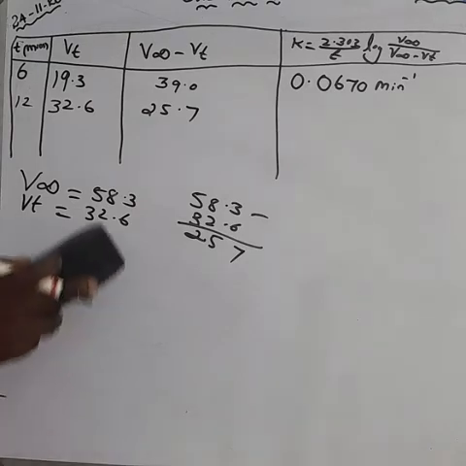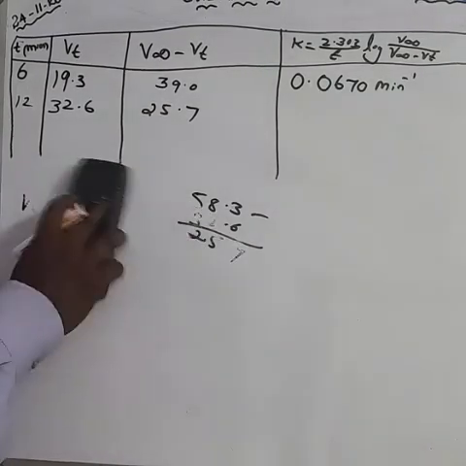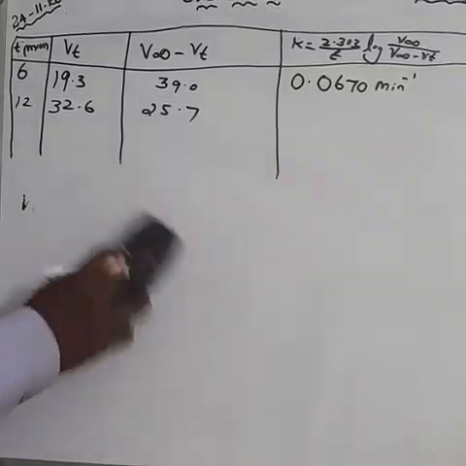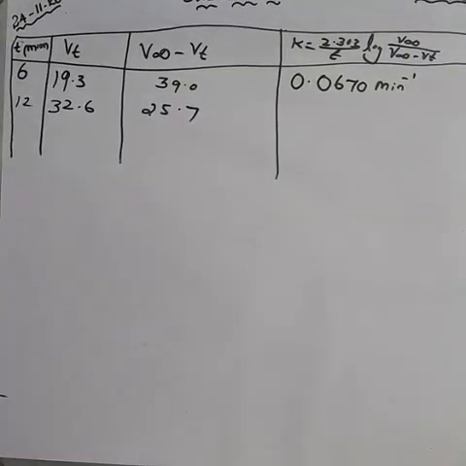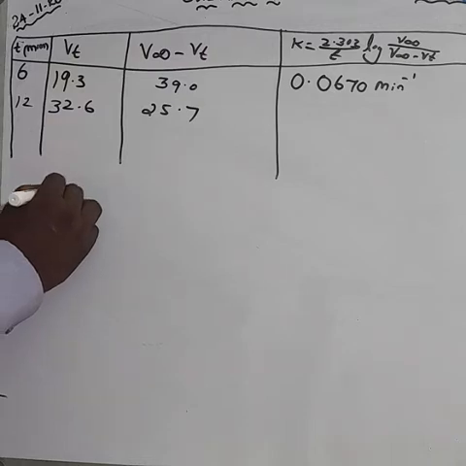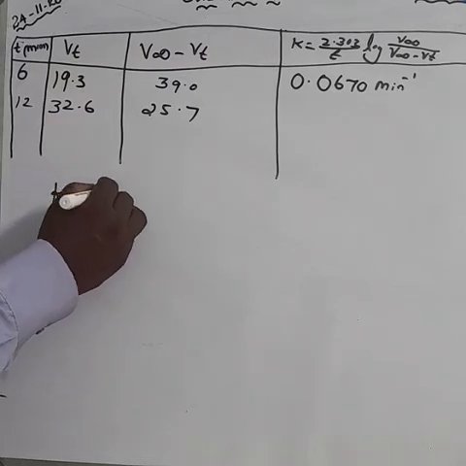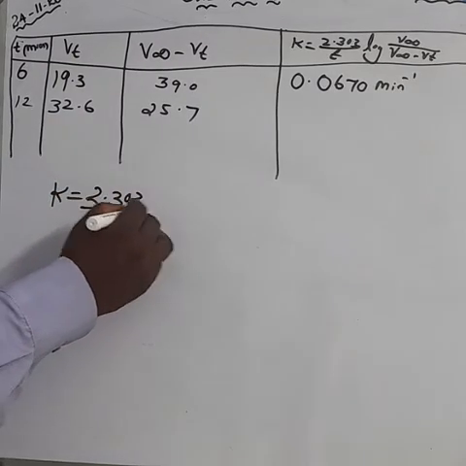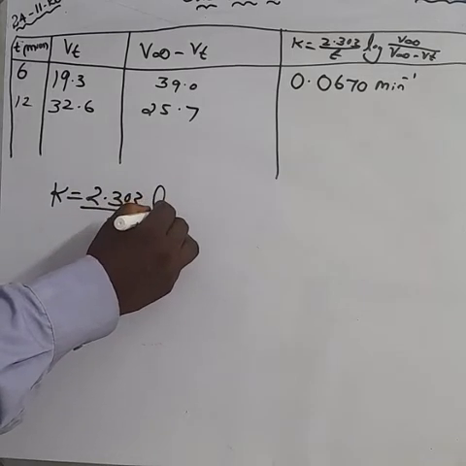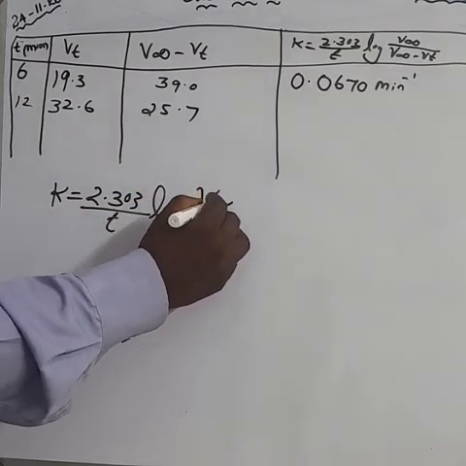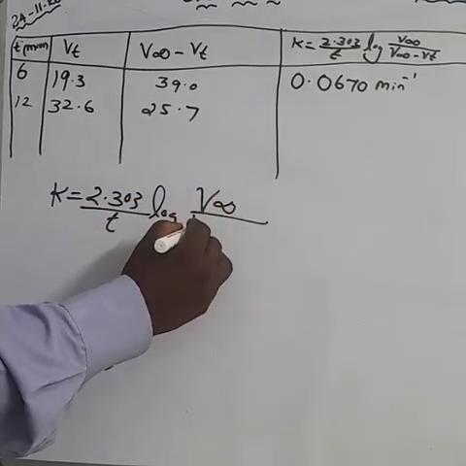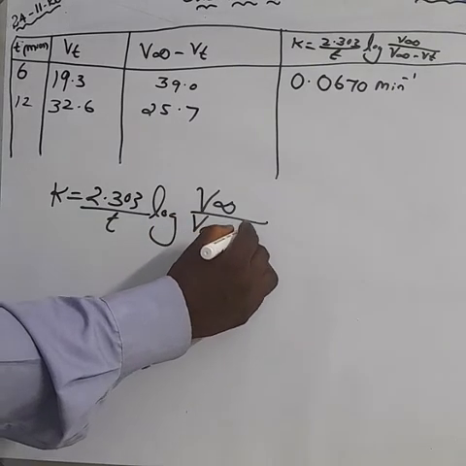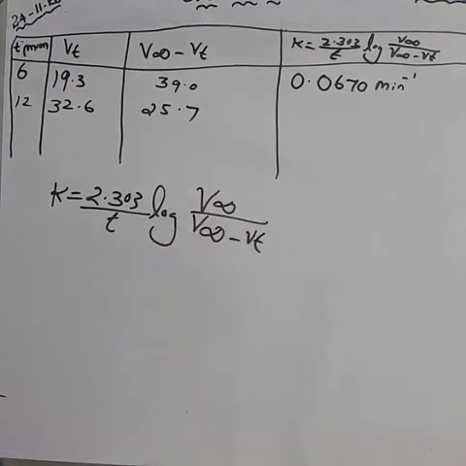Okay, now we calculate the first order rate constant. What is the formula? K is equal to 2.303 divided by time, log of V infinity divided by V infinity minus Vt. This is the formula.